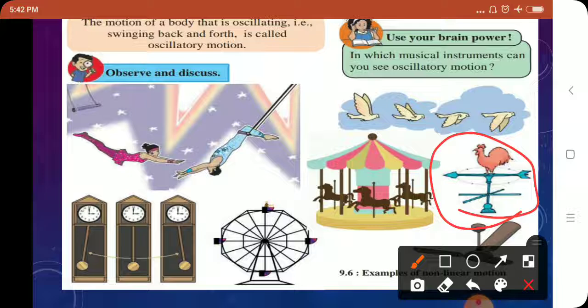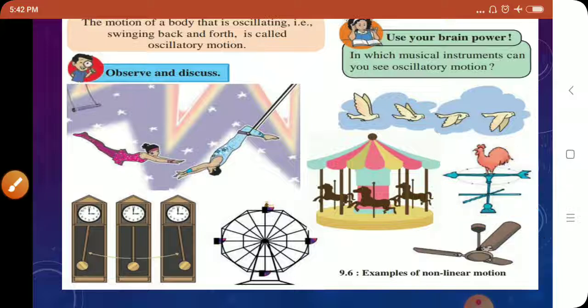Do you know this? This shows the direction. And this is fan. This much of examples are given here of non-linear motion. Motion of these objects are not in a straight line.